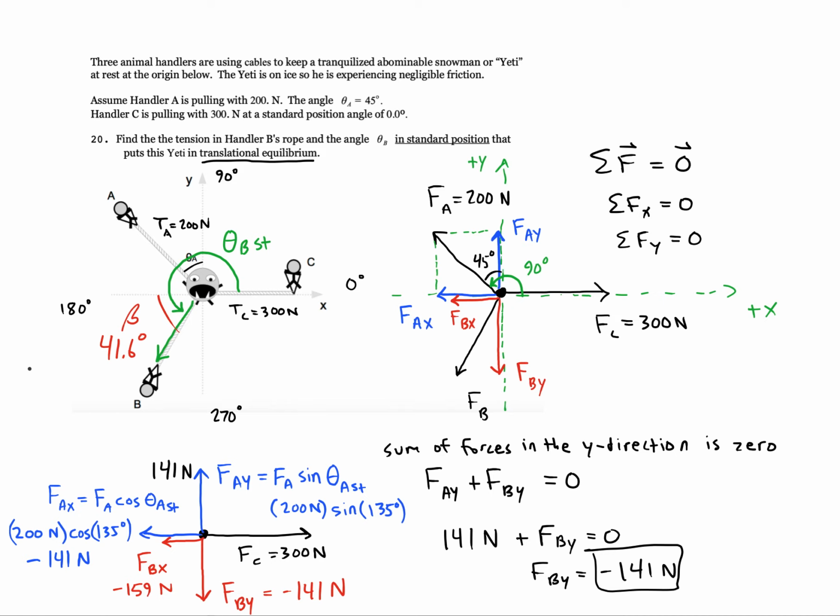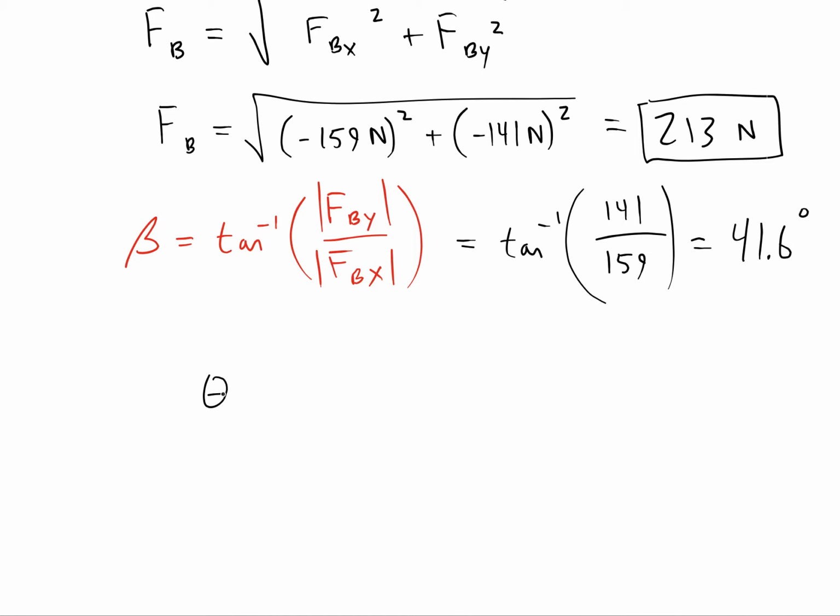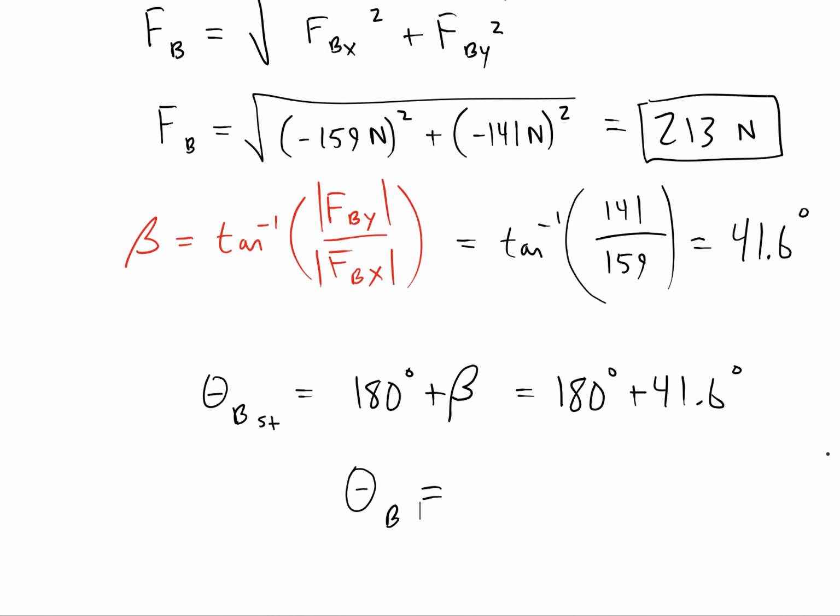And then since we're in the third quadrant, that's the direction that the vector is pointing, we just want to add 180 to the 41.6 to get that full angle. So our theta B in standard position will be 180 plus beta, which is 180 plus 41.6. So theta B is 222 degrees.